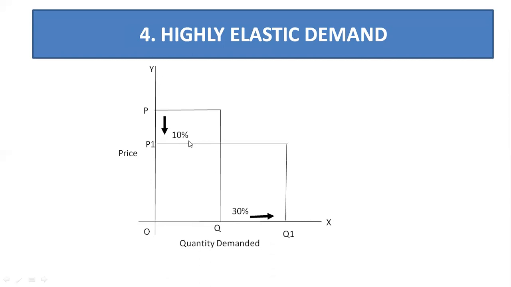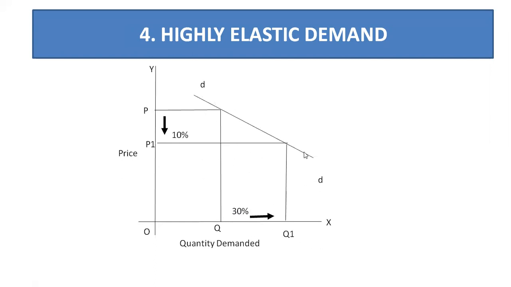What we can see here is the percentage change in price is 10% and the percentage change in quantity demanded is 30%. So as per the formula of percentage change in quantity demanded divided by percentage change in price, 30 by 10 will fetch us a coefficient value of 3 and 3 is always greater than 1.